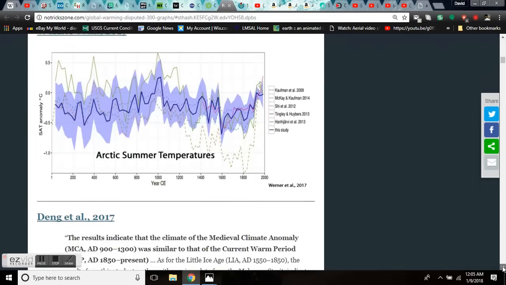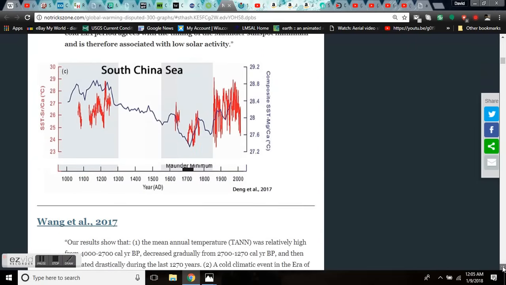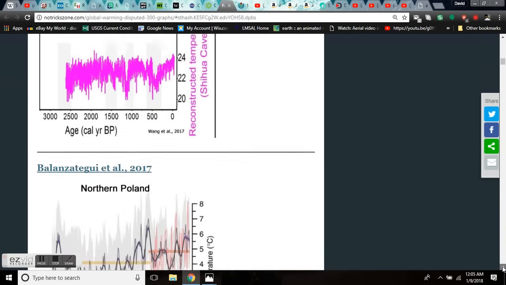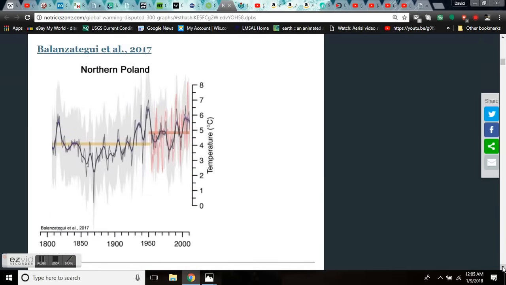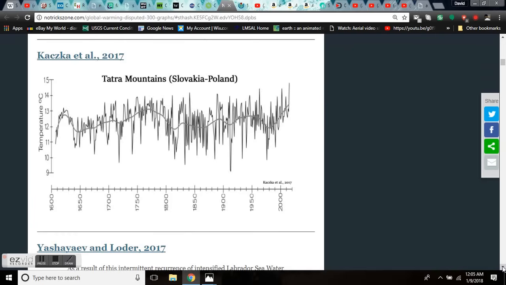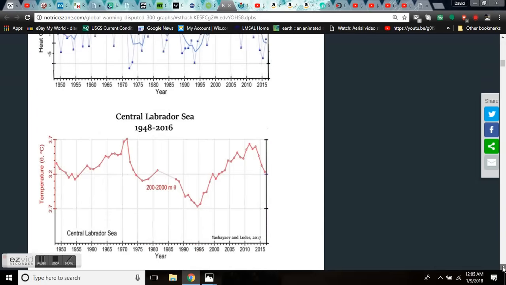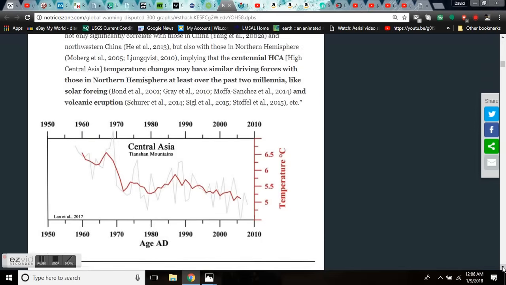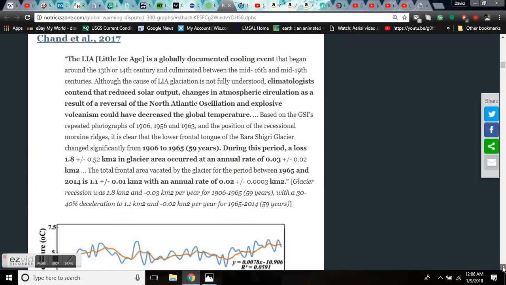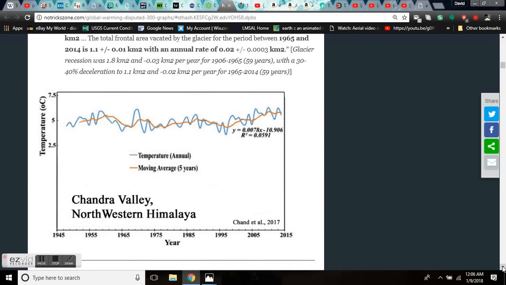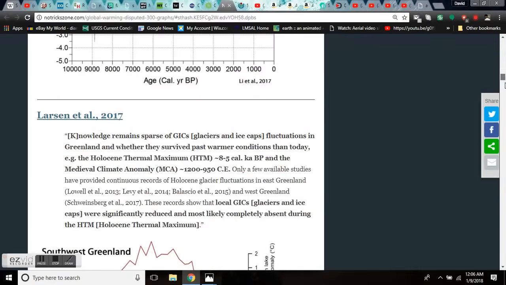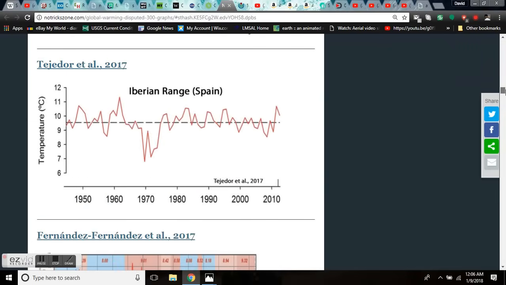There are tons of graphs here for you to peruse. We don't have time. There are 350 of them for every area on the planet. So if you're really doing your own homework and you really care about what's happening, you should look at these graphs. Poland, you don't suffer that much. Labrador, you're screwed. The Western Himalayas, this is all recent data. Let me just give you some more juicy stuff here.